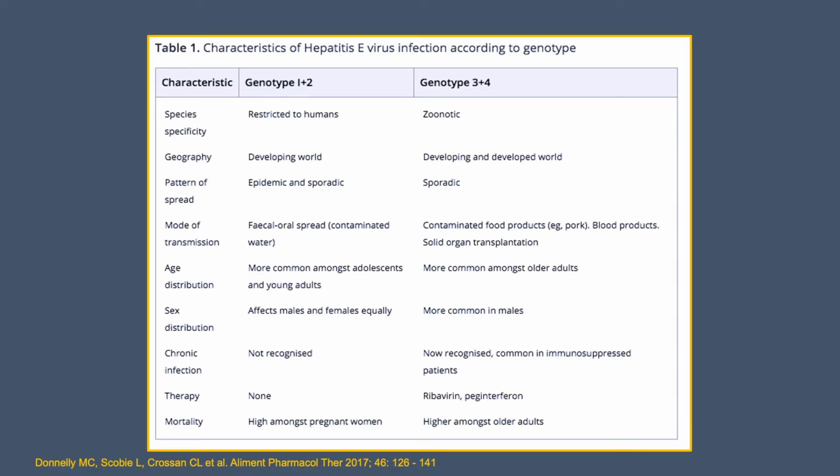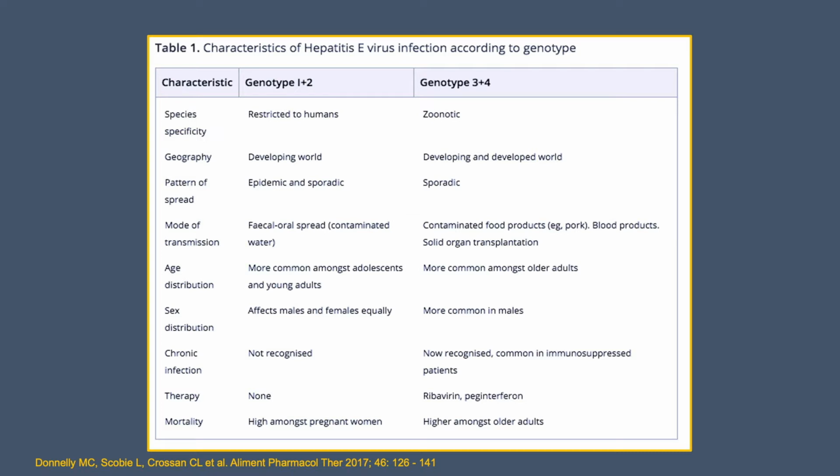But again, we'll all remember from medical school that these infections are associated with a high mortality in pregnant patients. There's also a high mortality in cirrhotic patients who develop genotype 1 and 2 infection, and the Indian groups have described up to 70% mortality in genotype 1 and 2 infection on top of cirrhosis.